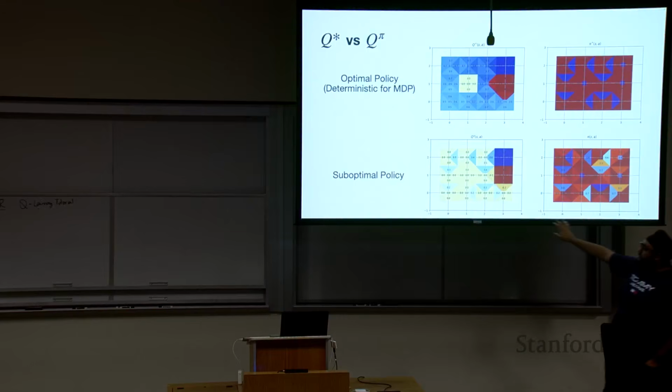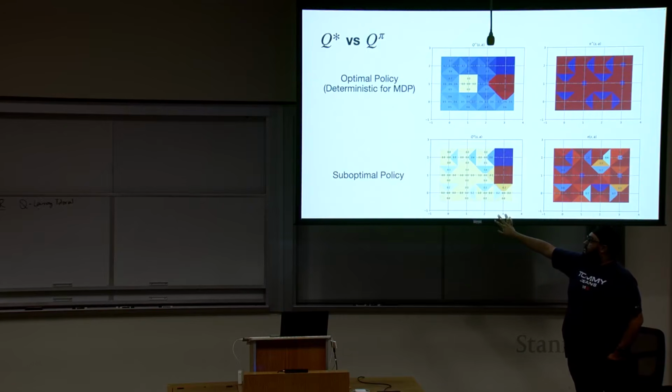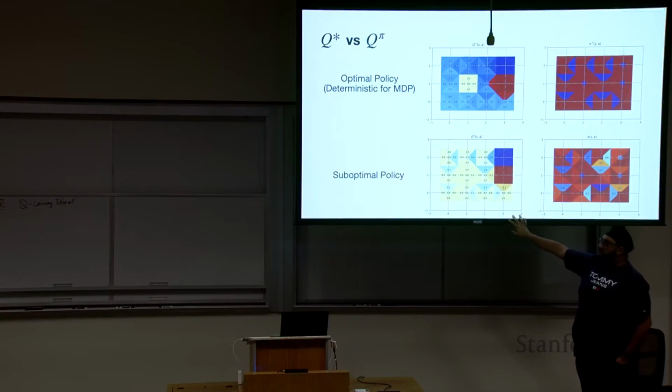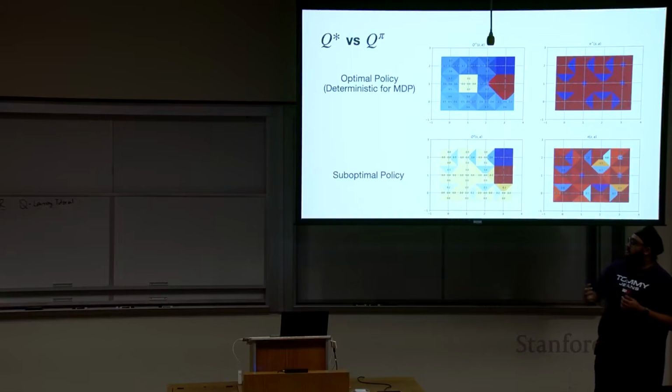And we can see that the Q function that's associated with it is also different from the optimal Q function. So you can learn a critic or Q function that is conditioned on a policy that tells you how close you are to the optimal policy and how you can improve using that.